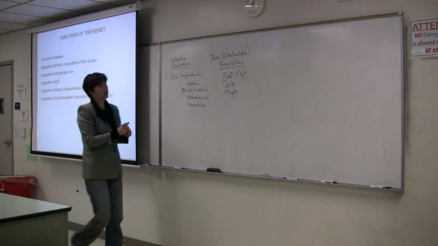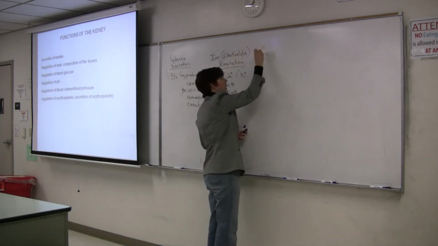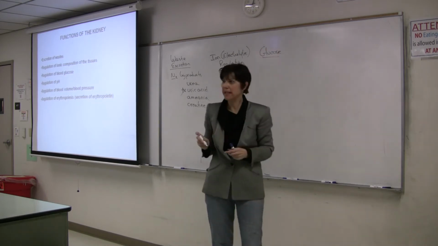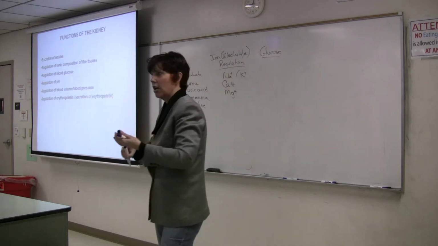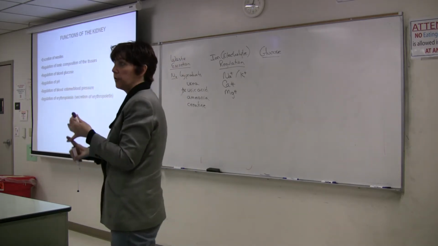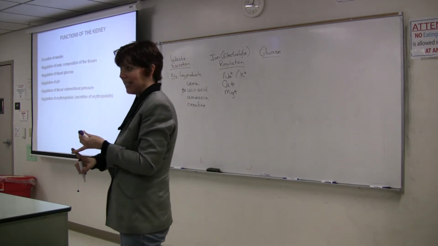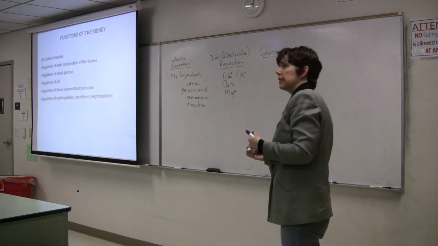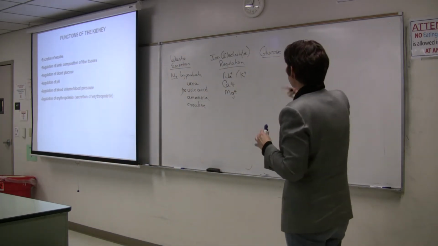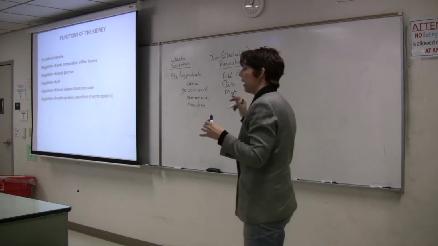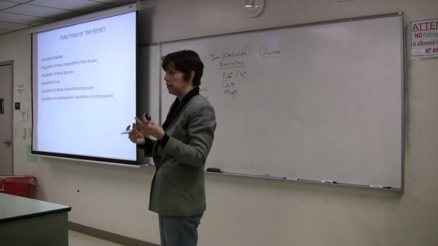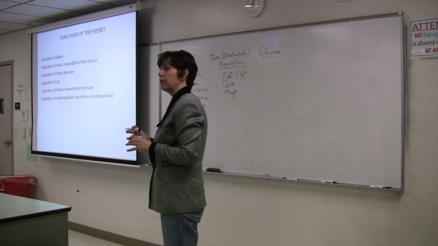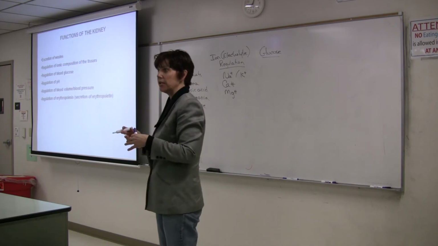Now, blood glucose, probably I should take off the word regulation because that implies neurotransmitters or hormones that can change how much glucose is retained or excreted. And what we really have is if you have normal amounts of glucose in your body, all of that will be removed from the urine and returned after filtration.